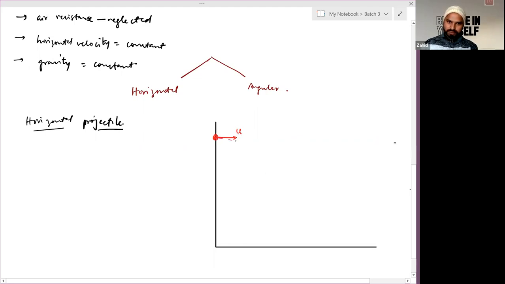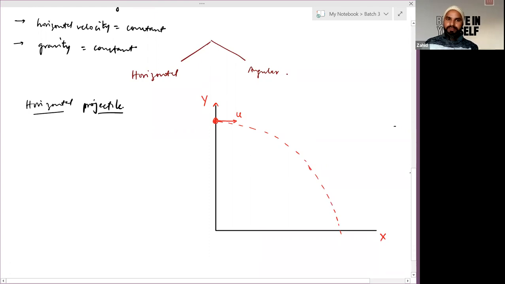So it will move along this path to hit the ground at this point. This is y-axis, this is x-axis.